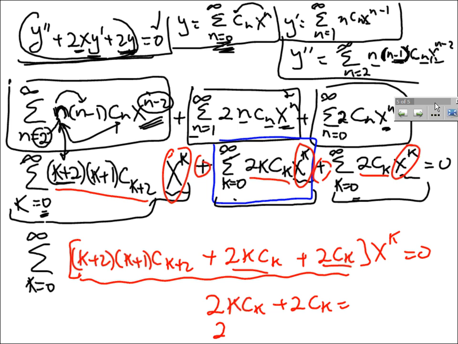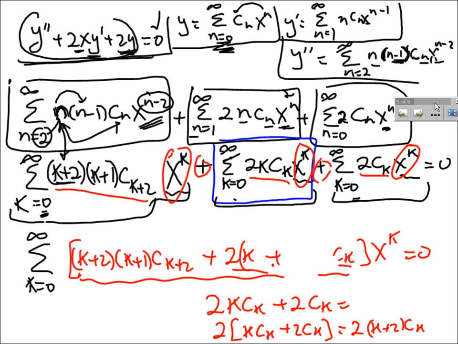I can factor out a 2. And then inside that bracket, I have k plus 2 c sub k's, 2 times k plus 2 c sub k.